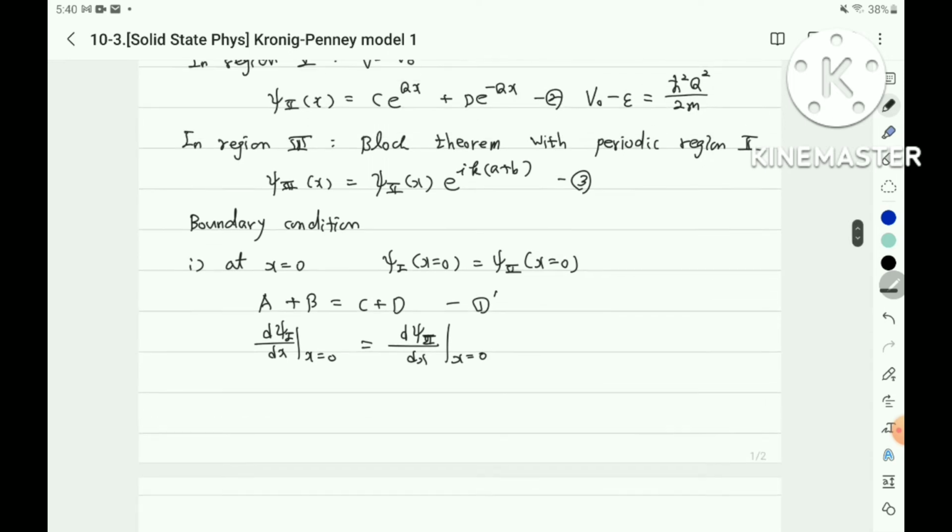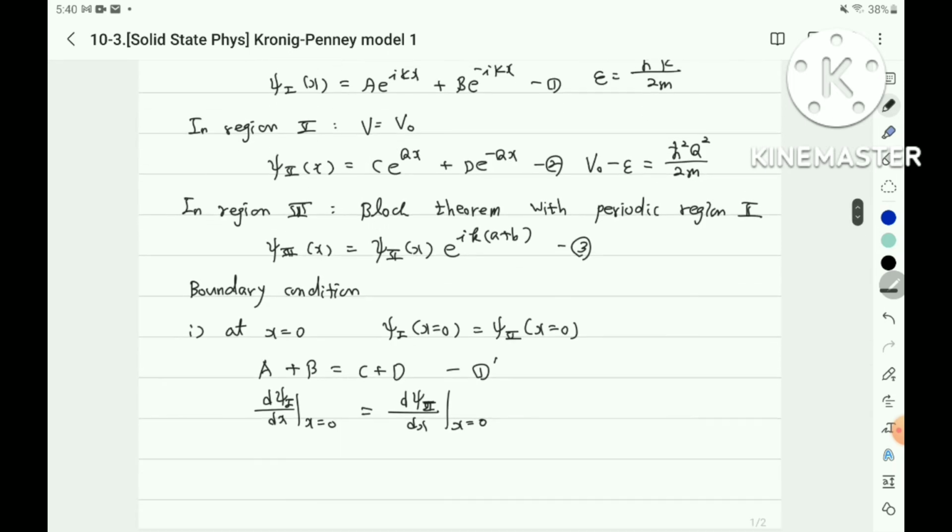Therefore, when differentiating with x, here ik(a minus b) equals, in region 2, q(c minus d). This is equation 2 prime.